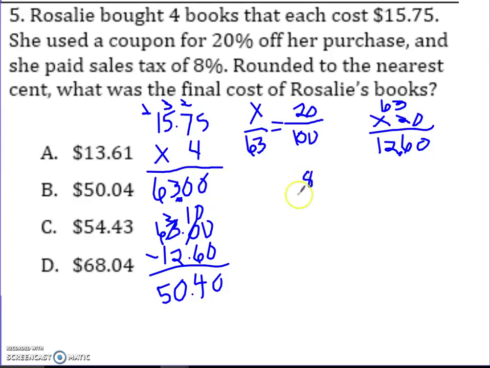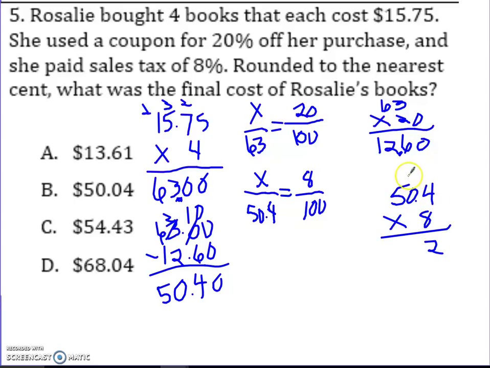Okay, so last step. We got to figure in the tax. 8 over 100 equals x over $50.40. So 50.4 times 8. 8 times 4 is 32. 8 times 0 is 0, plus 3 is 3. 8 times 5 is 40. 1, 0, 0 is... you divide by 100, so 2 more hops.